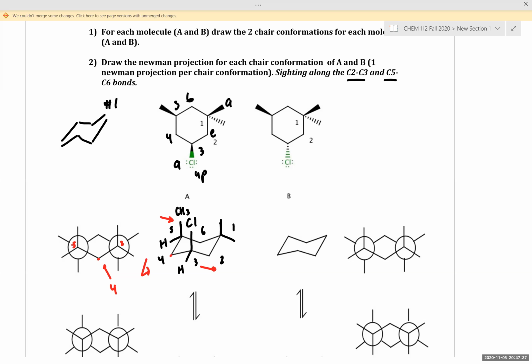Yes. And just to help us visualize it, again, not to sound like a broken record, but let's make a model of this because it's really important to be able to translate your cyclic structures into Newman-like projections.